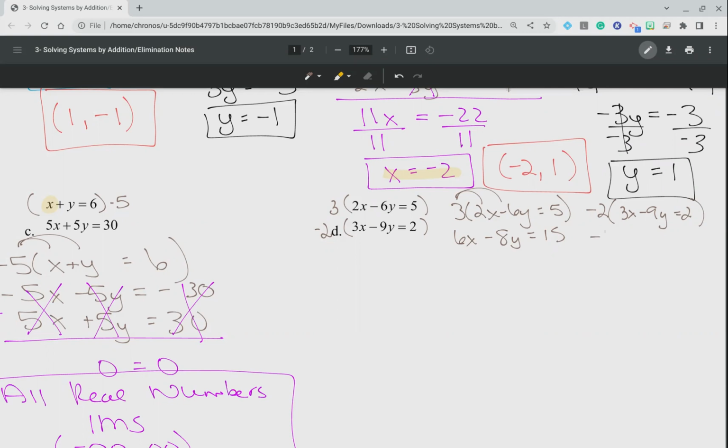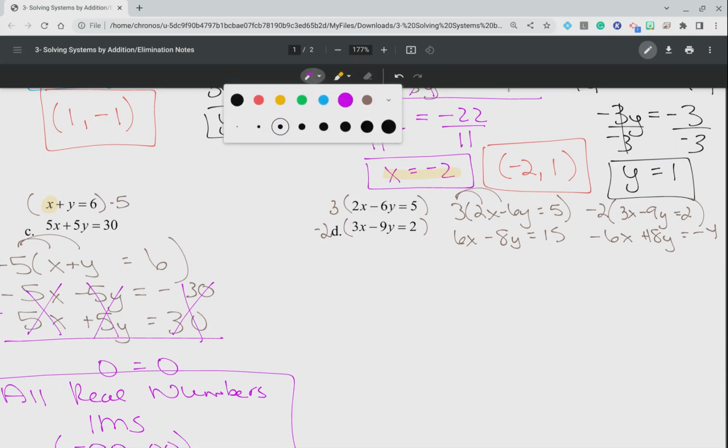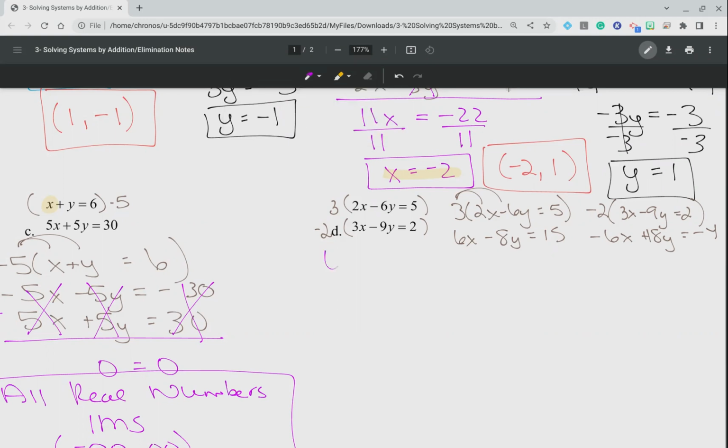So here I get negative 6x plus 18y equals negative 4. Okay. And then to make this an addition problem, I just like to stack them on top of each other. Okay, and this becomes an addition problem.